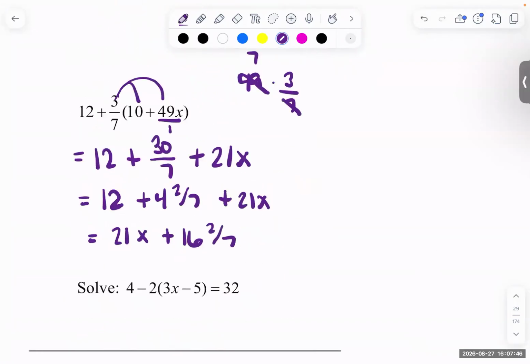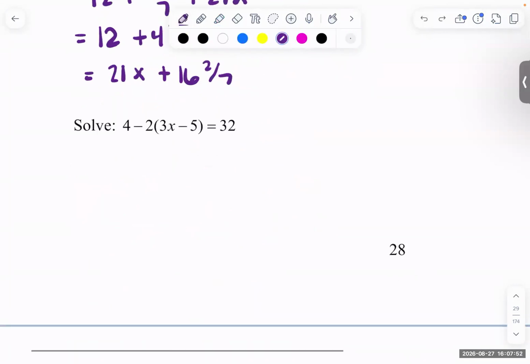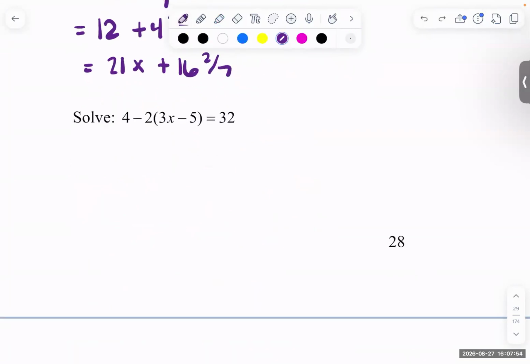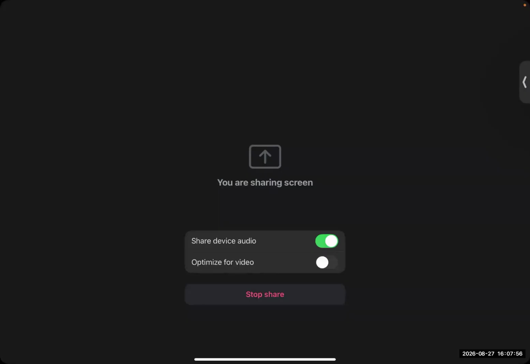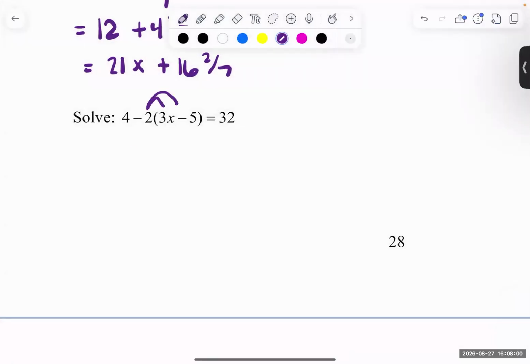Now, notice the difference between this and this, this and this, this and this. This has an equation and is asking you to solve here. So because I'm asking you to solve, I'm going to distribute in. I get -6x plus 10.